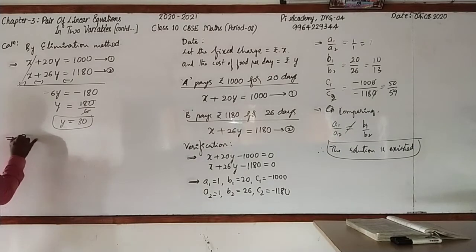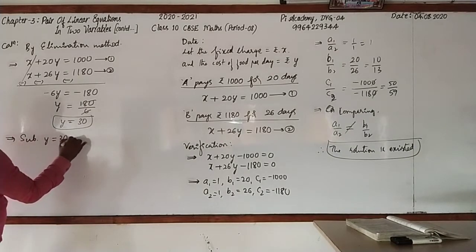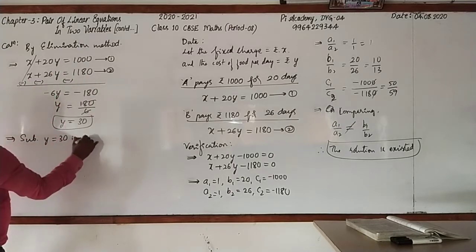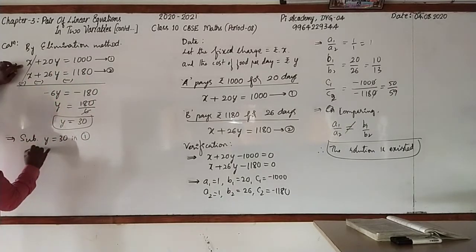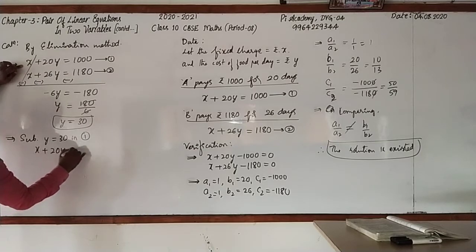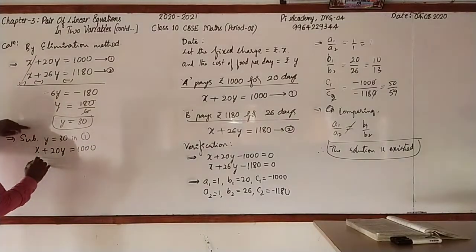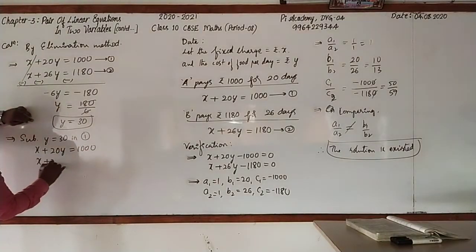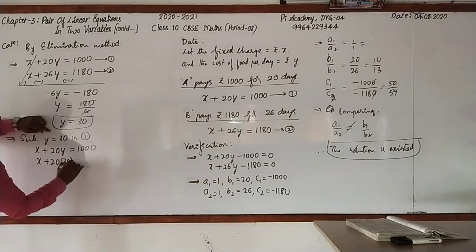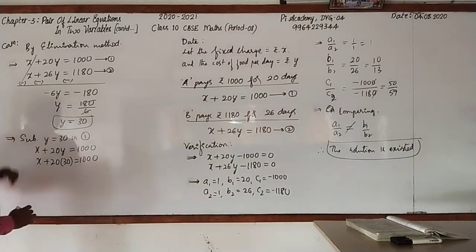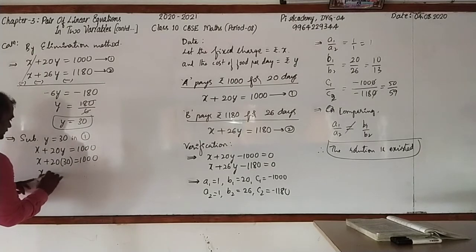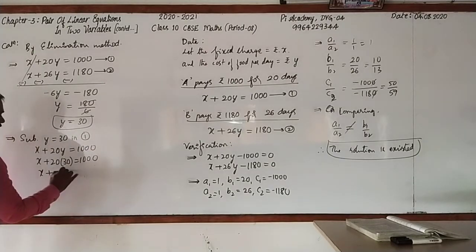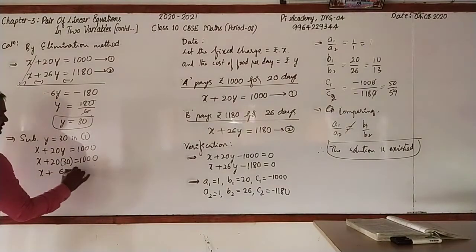Then to find the value of x, substitute y equal to 30 in any one of the two equations. I'll go for the first one. It is x plus 20y is equal to 1000. Then x is unknown, 20 into y, where y is 30, equal to 1000. Then x plus 20 into 30, see 2 zeros, 2 threes are 6, 600.